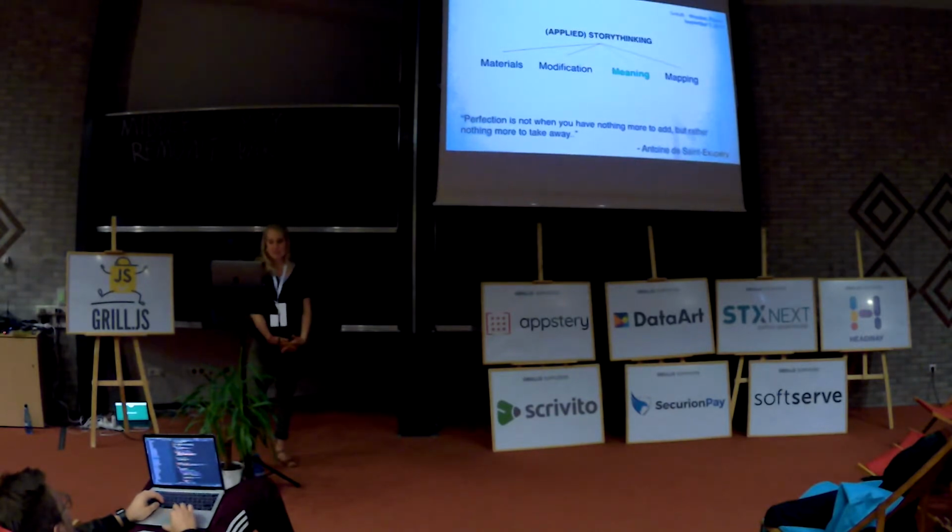So the next pillar here is meaning, and if we have those modifications, this step is basically asking whether each modification of the materials has unique meaning. So this is applying the DRY principles, basically asking why this to each component of the chart.